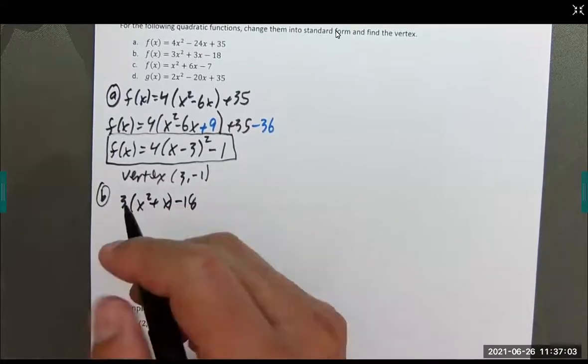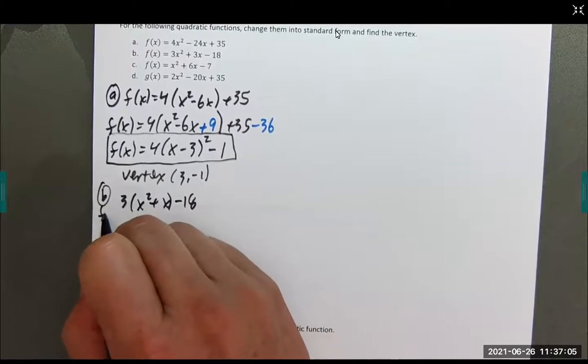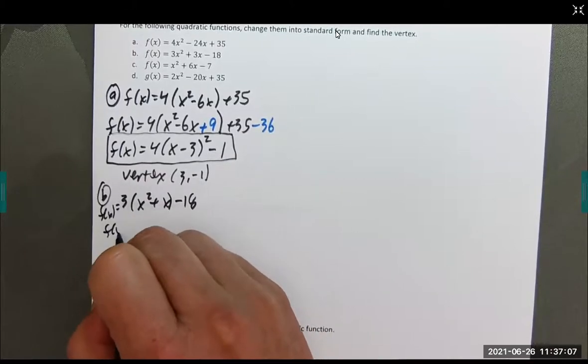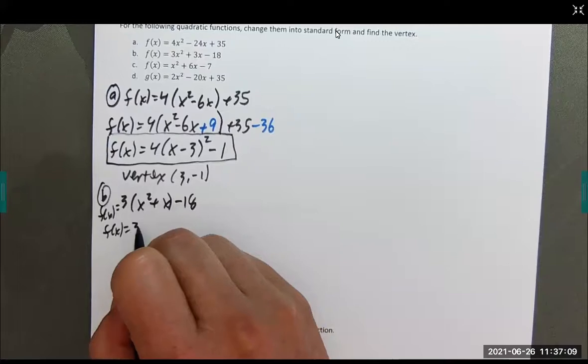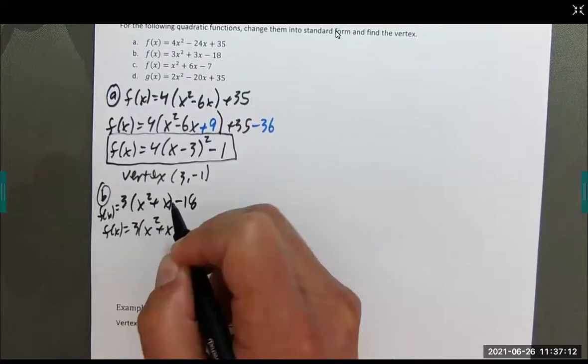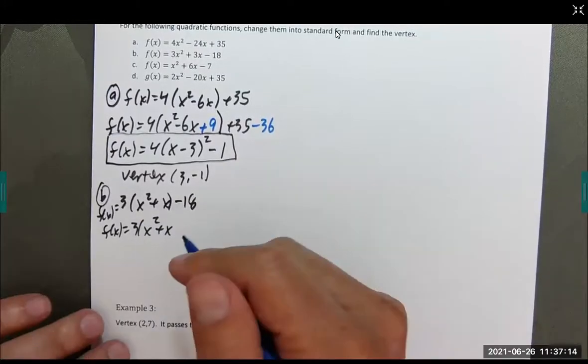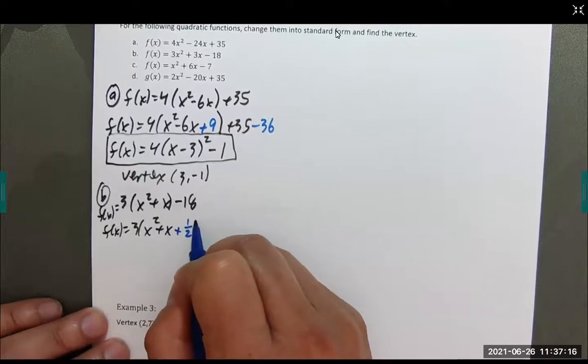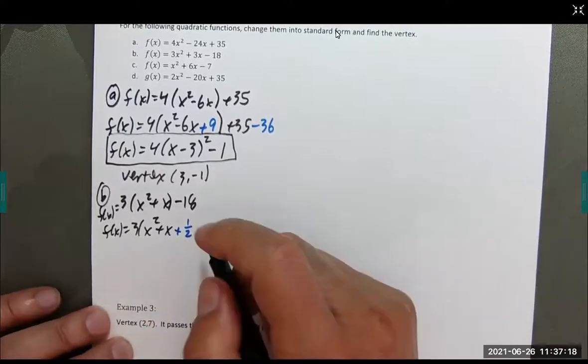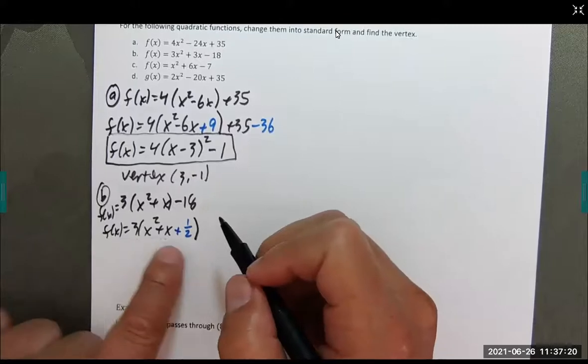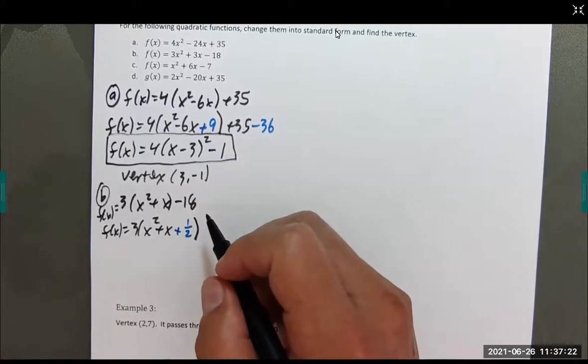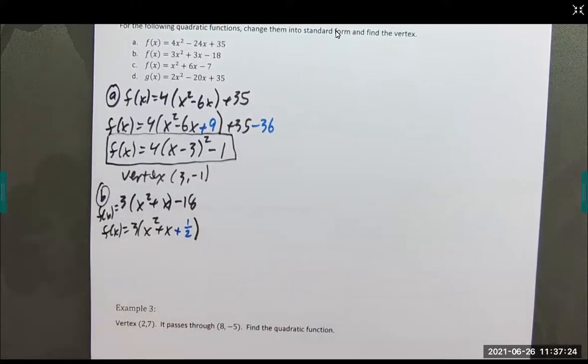So to complete the square, I'm going to add a 1/4. However, we need to know that I'm not adding 1/4, I'm adding a 3 times 1/4, 3/4.